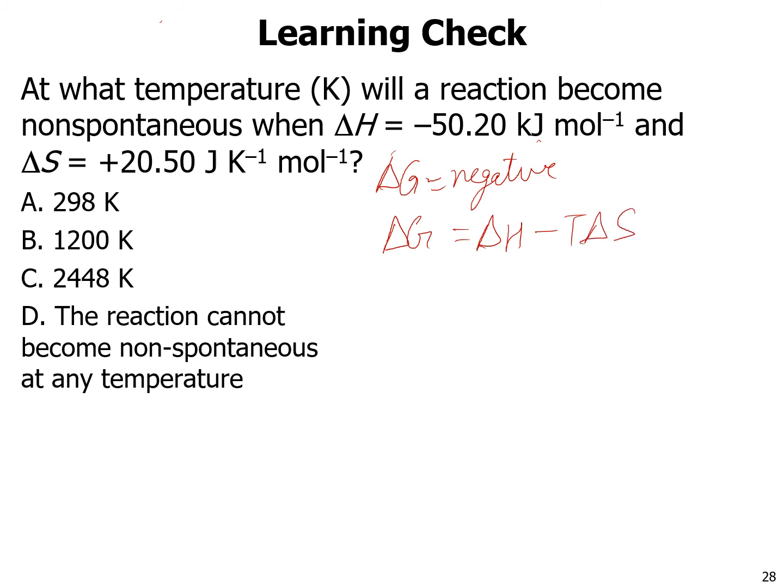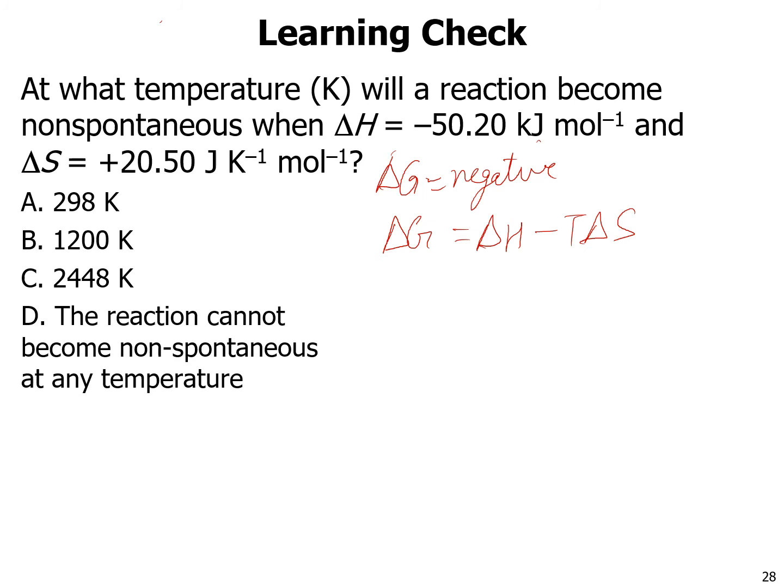If I want to figure out the temperature, I need a value of delta H, which is given to me. I need a value of delta S, which is given to me. I need a value of delta G, which is not given to me in the question. But the question tells me that the reaction would become non-spontaneous. In questions like this, you will solve assuming that delta G is equal to 0.